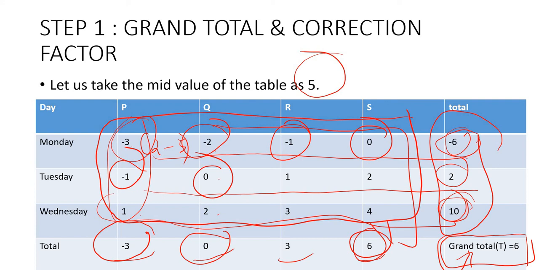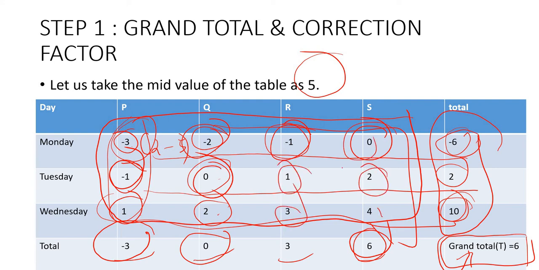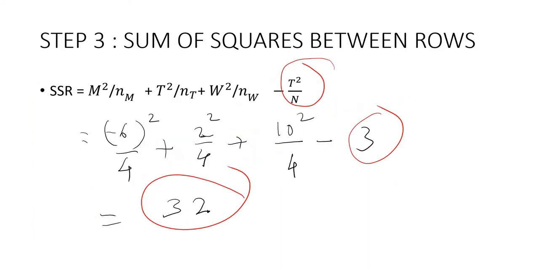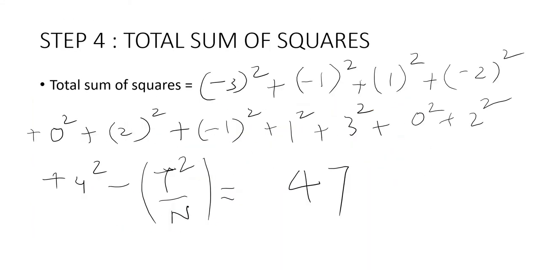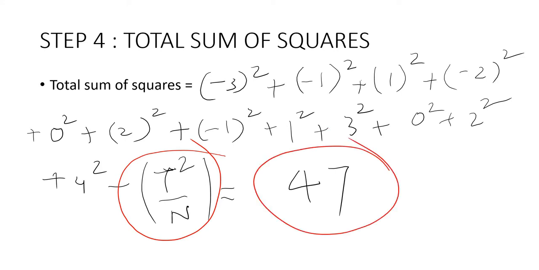So it is minus 3 square plus minus 1 square plus 1 square plus minus 2 square plus 0 square plus 2 square, and so on, everything I am adding. After that, finally I am subtracting the correction factor. When you calculate this, you will get the value as 47.